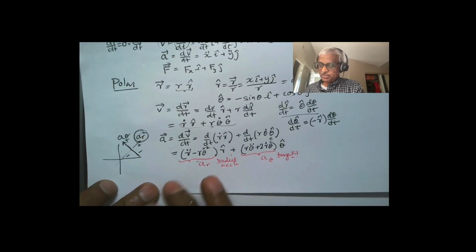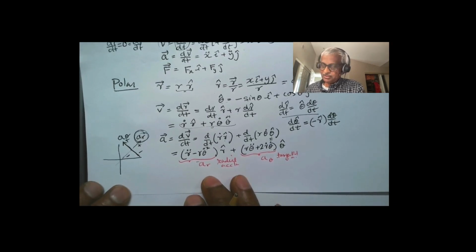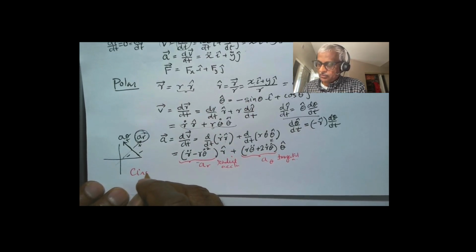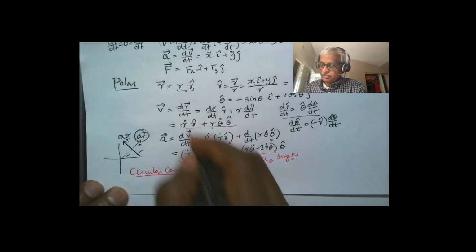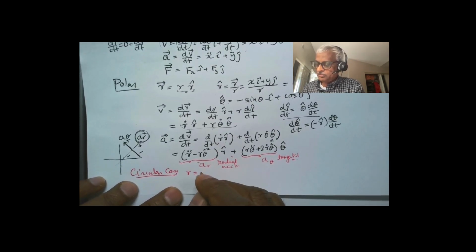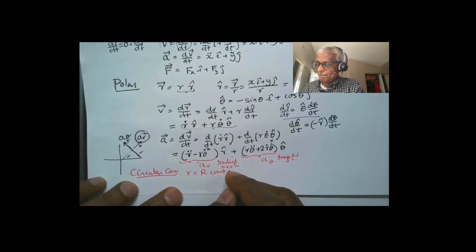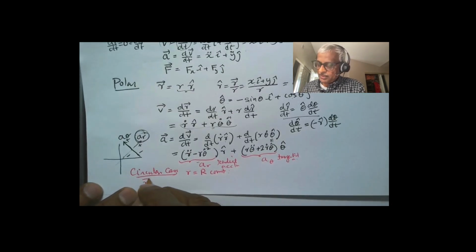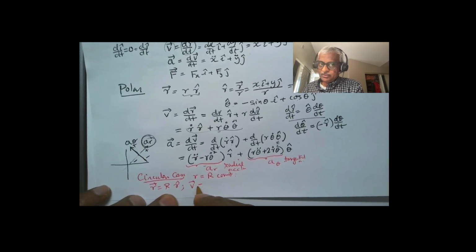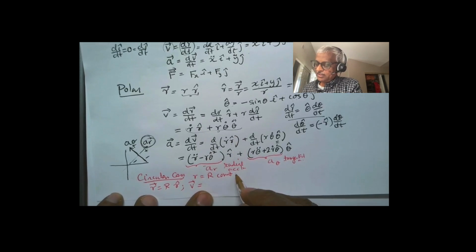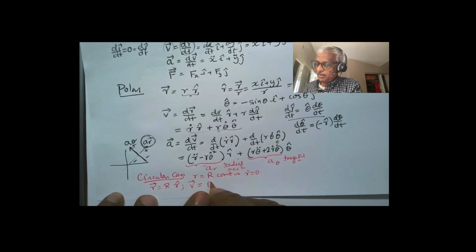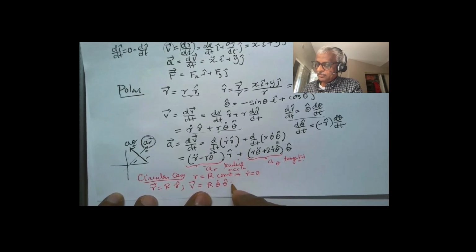Okay, so for the circular case, let's see how these simplify. This is general. For a circle, r is moving on a circle, so r equals some constant radius r. Then r vector is just r r hat. V will simply become, you can see r dot is 0, so this is going to be r theta dot theta hat.